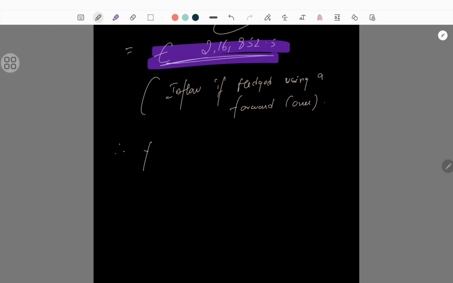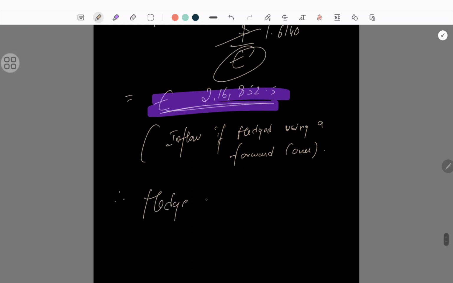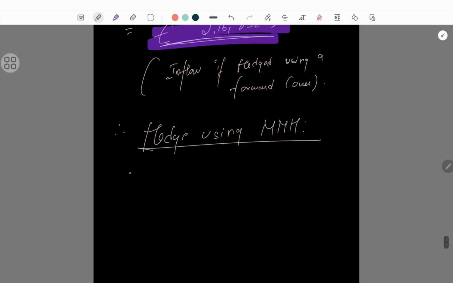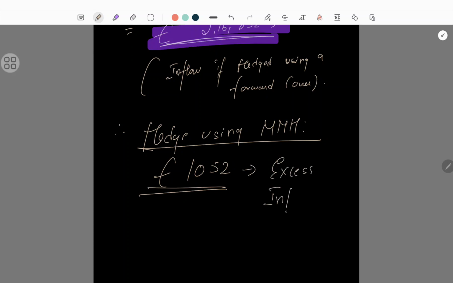Therefore, hedge using money market cover. Okay, and the difference is pounds 1052. This is nothing but excess inflows in money market hedge over the forward cover.